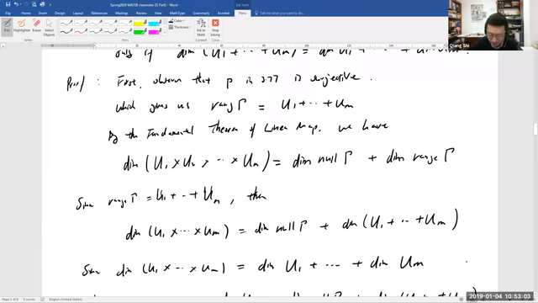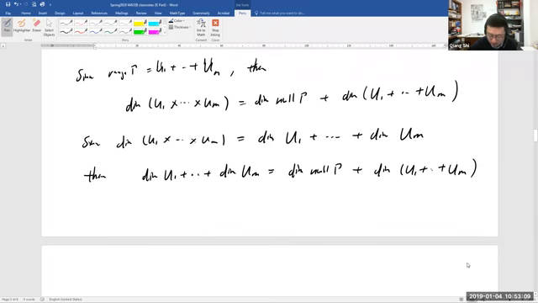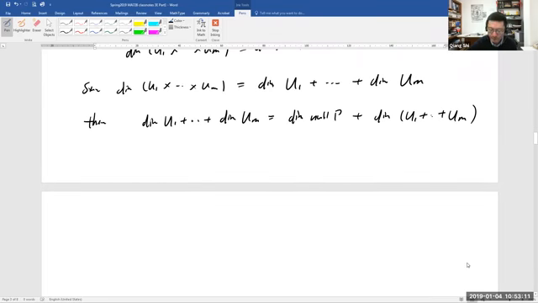And that's something we haven't used yet, or in other words, we have not considered whether this sum is a direct sum or not. So in order to make the left-hand side equal to just the dimension of U1 plus U2 plus UM, we observe that right now we have the extra term there, right?